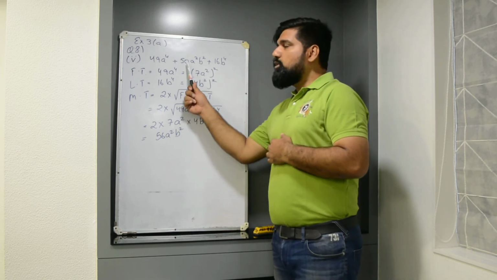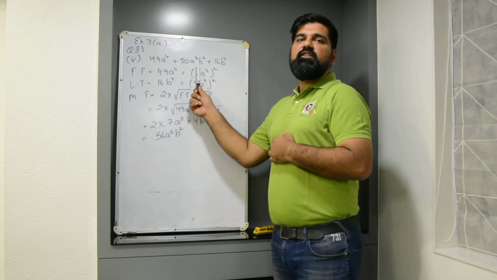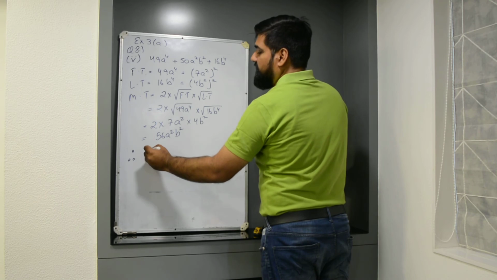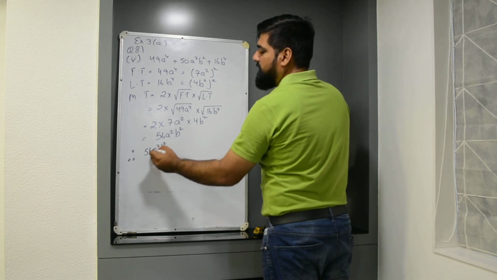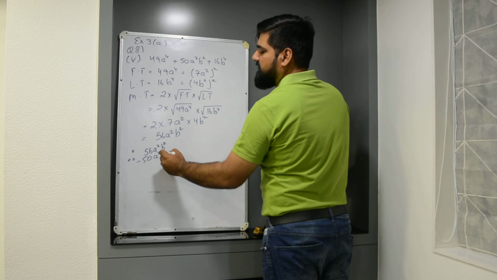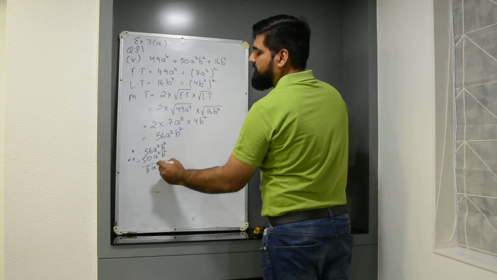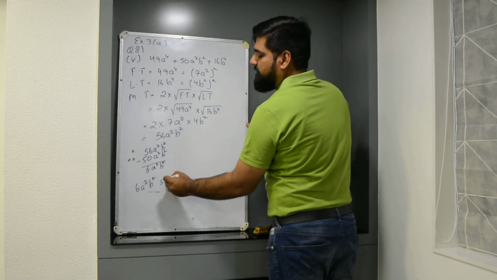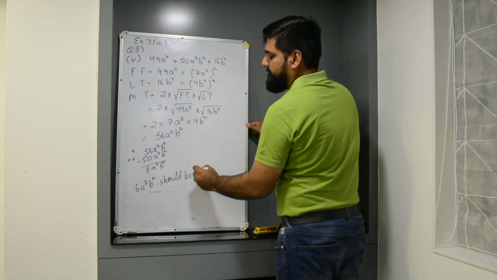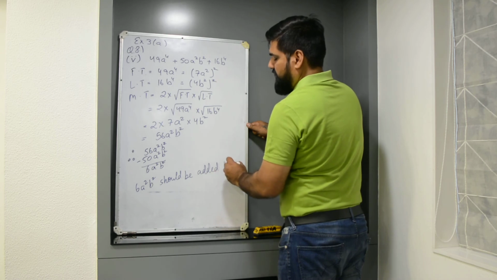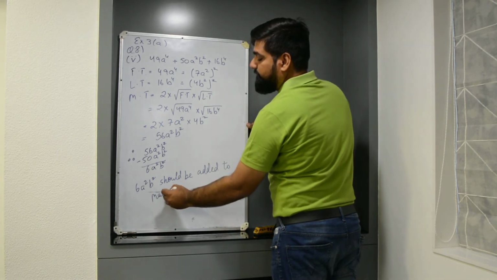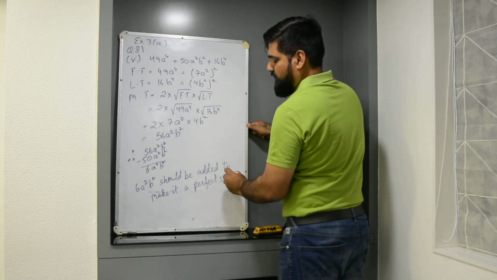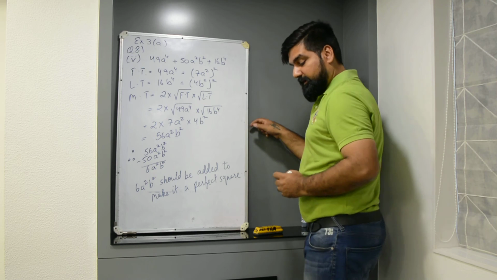But what is given to us? Middle term given to us is 50a^2b^2. Therefore 56a^2b^2 minus 50a^2b^2 will get 6a^2b^2. Therefore 6a^2b^2 should be added to make it a perfect square.